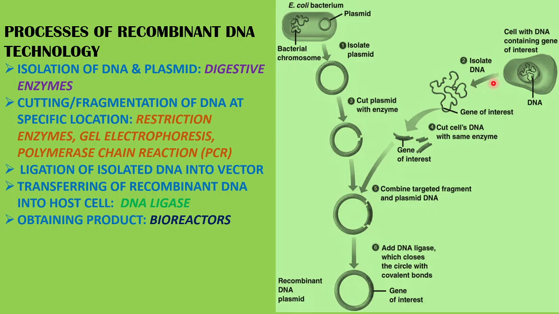We will isolate it using certain digestive enzymes. The next step involves cutting of the plasmid, so as to create a space, as also to cut out our gene of interest, the gene that we want to be transferred. So the second step involves that, followed by ligation and then transferring.